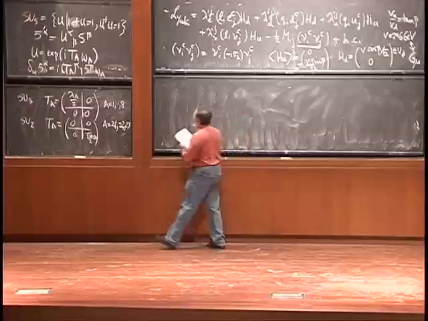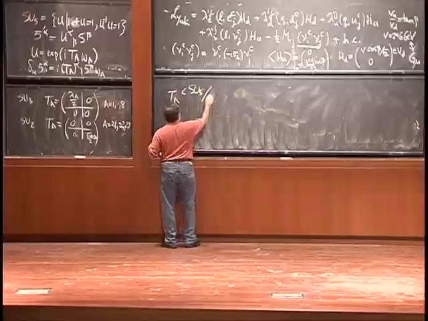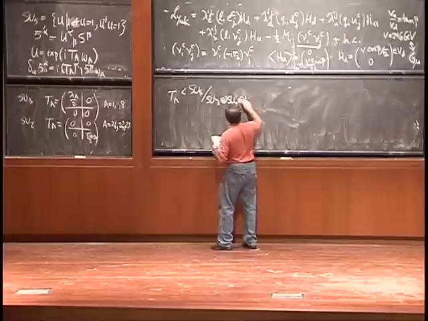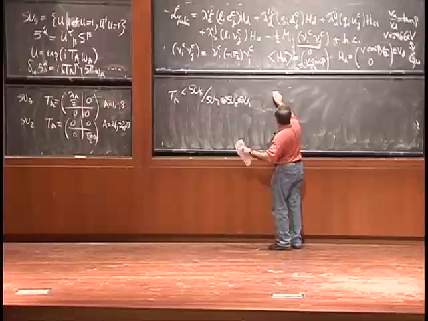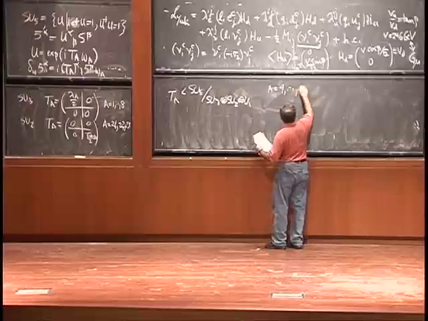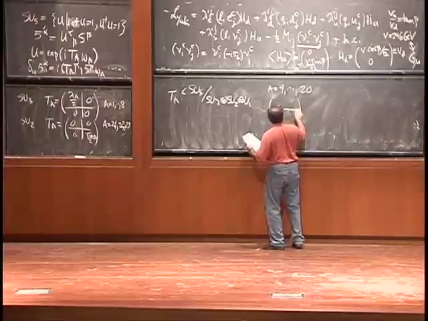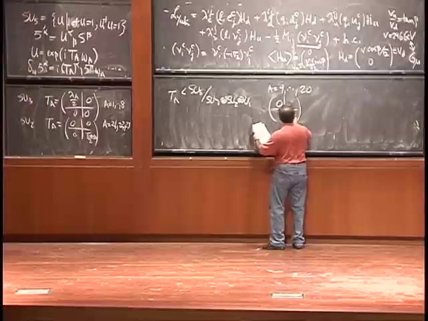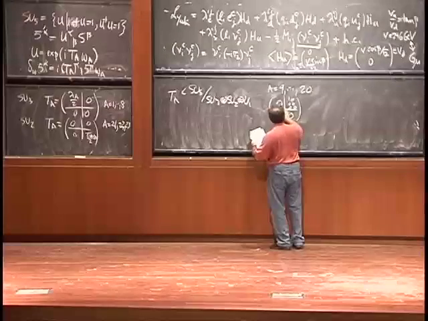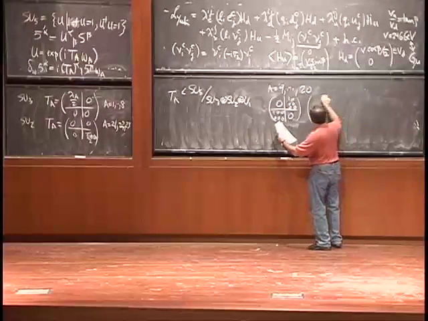And those generators, T^A in SU(5)/(SU(3)×SU(2)×U(1)), have the following form. A runs from 9 to 20, so there are 12 of them. And again, in block diagonal form, they look like this. Essentially, what they are are Pauli matrices just in a different space.